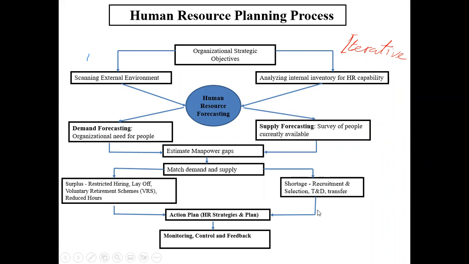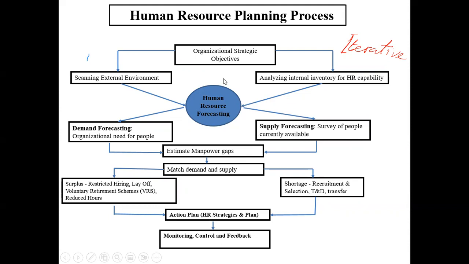You started with transfer, you came back to recruitment and selection, and you are training and so on. Because of that back and forth which characterizes the human resource planning process, we say it is an iterative process. So essentially, the human resource planning process is both continuous and iterative.